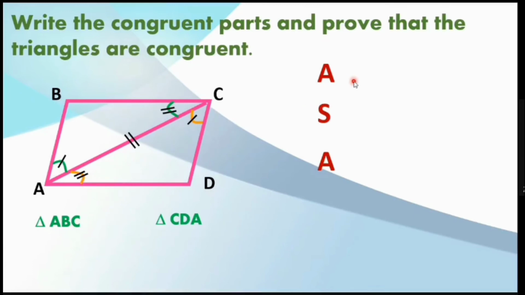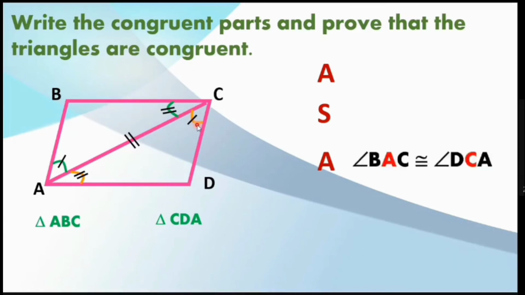Okay, so the first statement is on the first angle. So we have this angle here and this angle here. So we have angle BAC. Ito po yun, angle BAC corresponds to angle DCA. Ito po yung DCA.